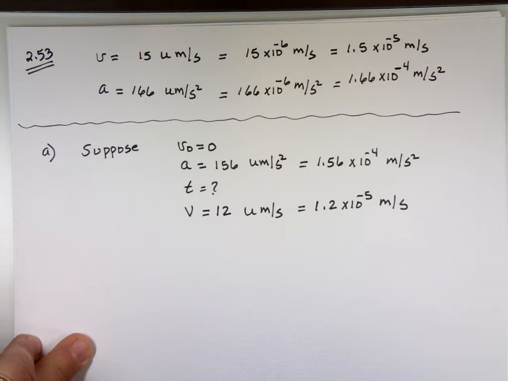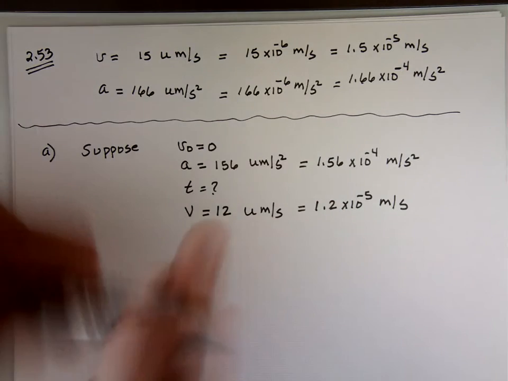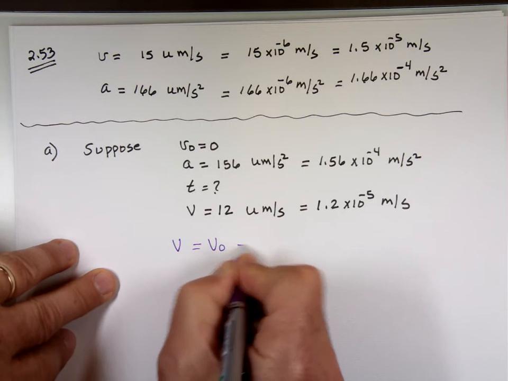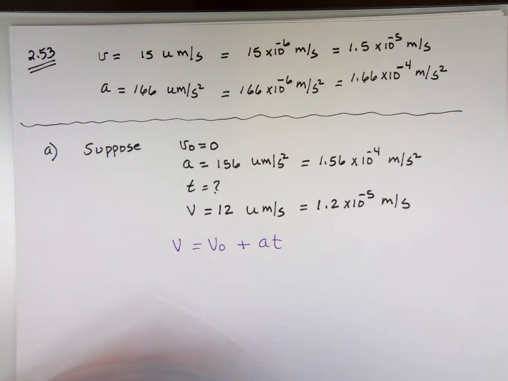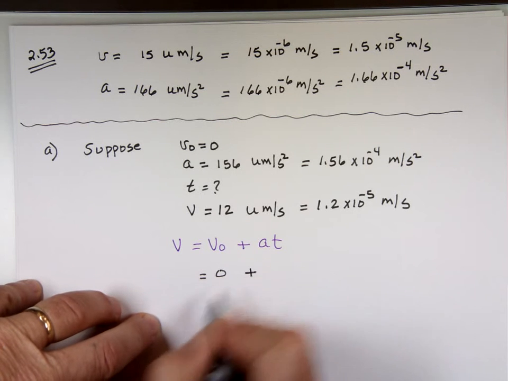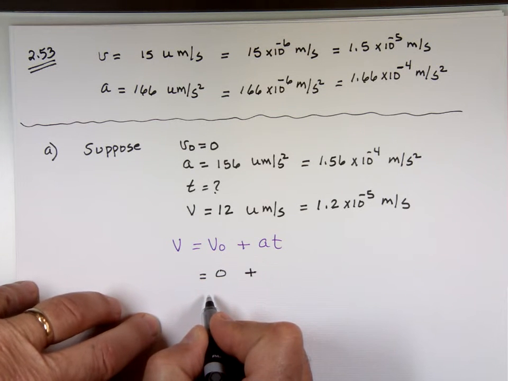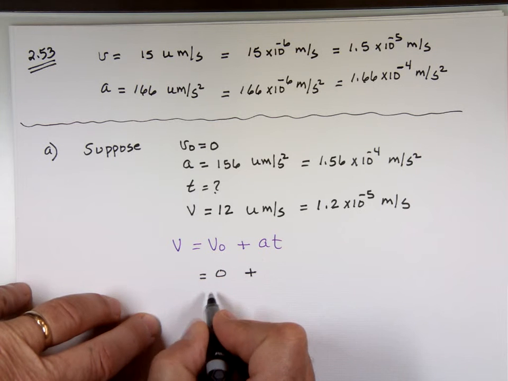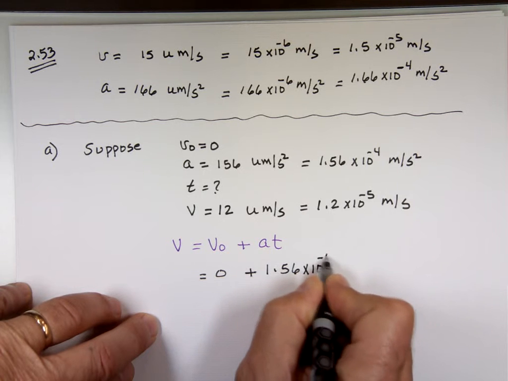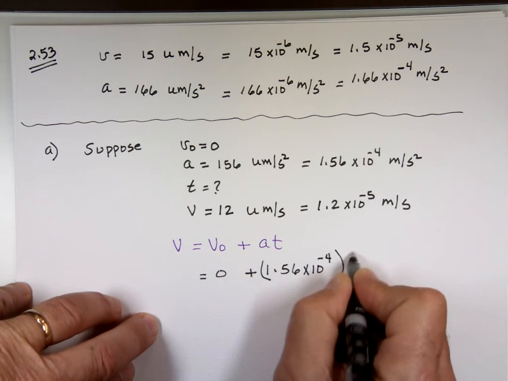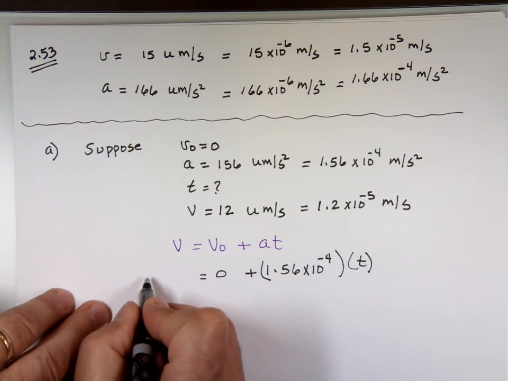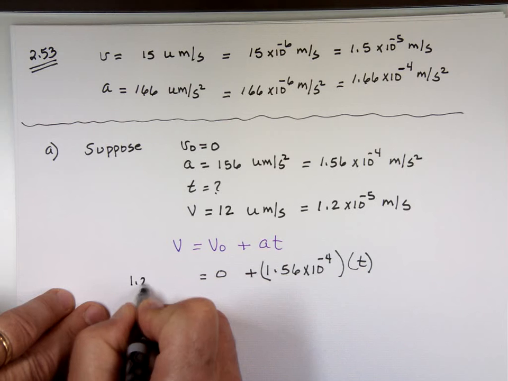Okay. Do we have an equation that will tie these together? Yep, first one. V equals V0 plus at. What's V0? 0. What's the acceleration? It's 1.56 times 10 to the negative 4 times the time t, unknown, equals the final one, which is what? 1.2 times 10 to the negative 5.